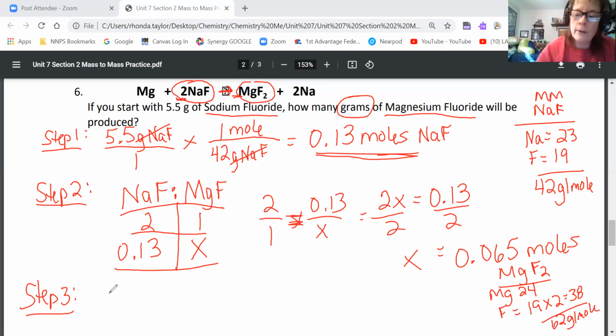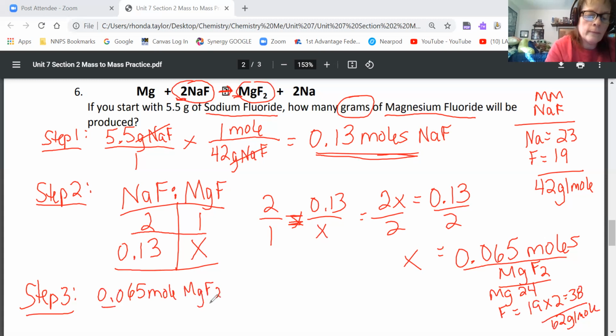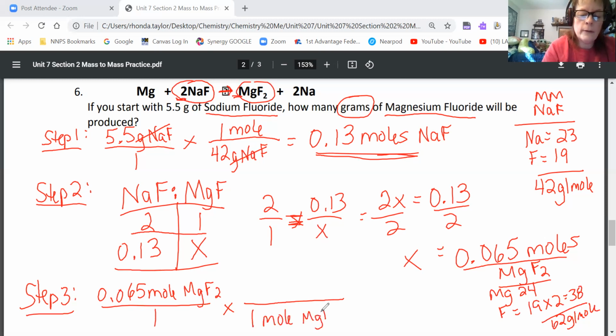All right, so we know we have 0.065 moles of magnesium fluoride. And 1 mole of magnesium fluoride is equal to, what did we just say? 62. The moles cancel.